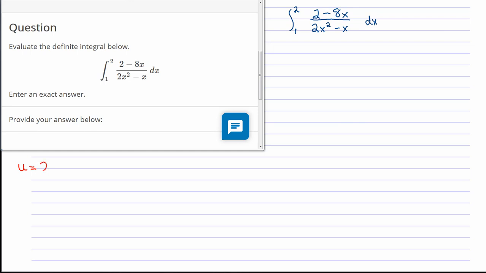So I'm going to say U is equal to 2x squared minus x, basically the bottom. Why did I do that? One reason is that if I think about inside functions, outside functions, and composites of functions, the denominator is kind of more inside.